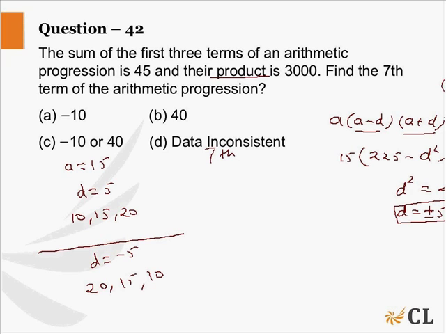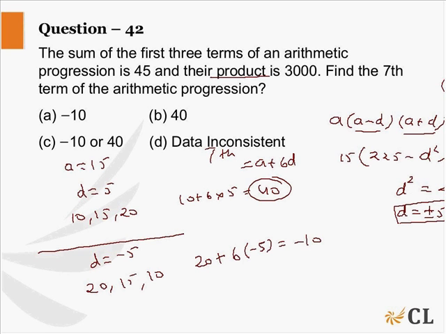Seventh term we need to find. Seventh term is nothing but A plus 6D, A plus n into D. So if I put it here, it is nothing but 10 plus 6 into 5, which is 40. And here, 20 plus 6 into minus 5 is nothing but minus 10. So I have two answers, minus 10 or 40.